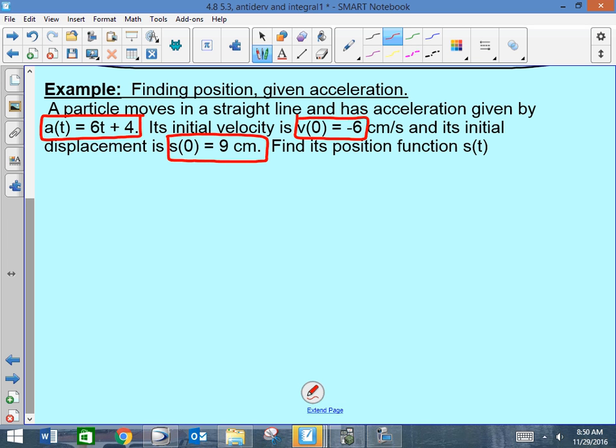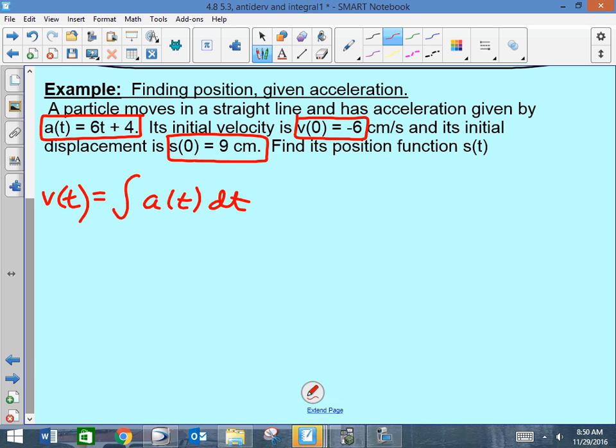Okay, displacement is a distance. Okay, and find its position function s of t. Okay, so where are we going to start? Antiderivative of acceleration is going to give us what, Molly? Velocity. So let's write that out.